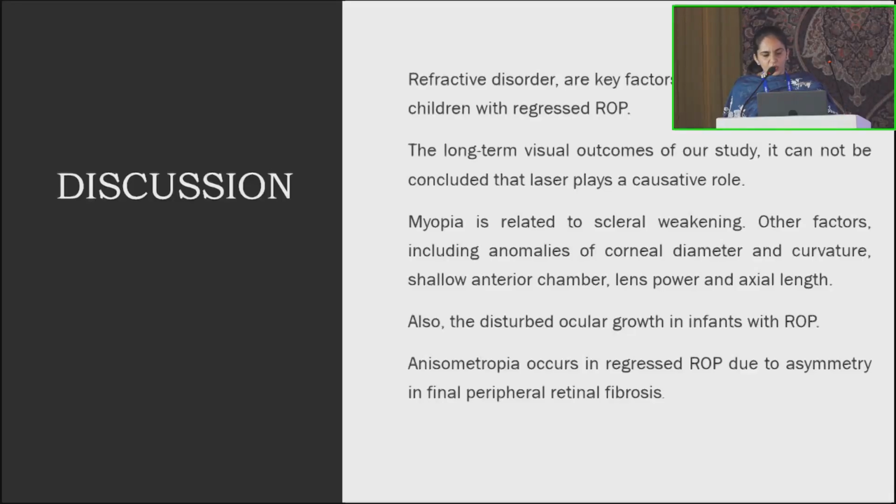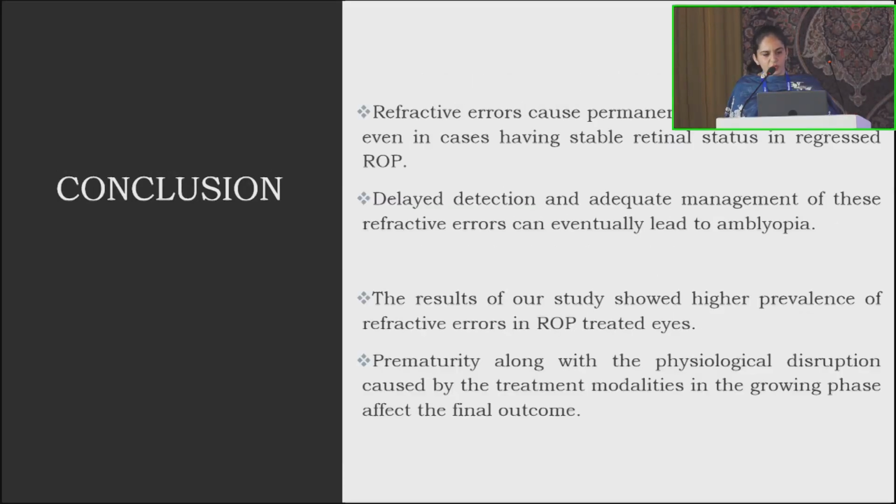Laser definitely causes disturbed ocular growth in infants, also due to other systemic factors. Anisometropia also occurs in regressed ROP, mostly because, as proposed by theory, asymmetry in the final peripheral retinal fibrosis can lead more significantly to anisometropia.